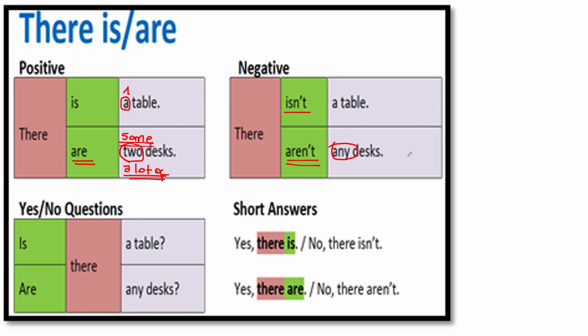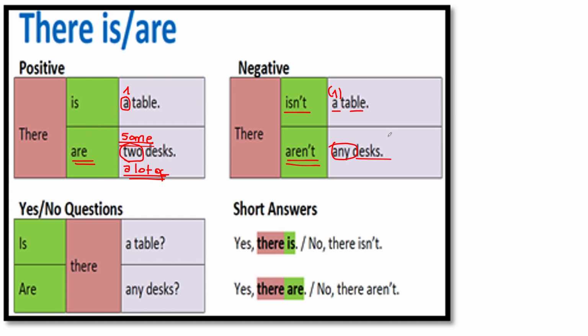Of course, in some places, no, there aren't any people, any apples, any computers, any students, any books, any something here in plural, as you can see. And here there isn't a table. Why a? Because remember that a is only one. Okay, all right.